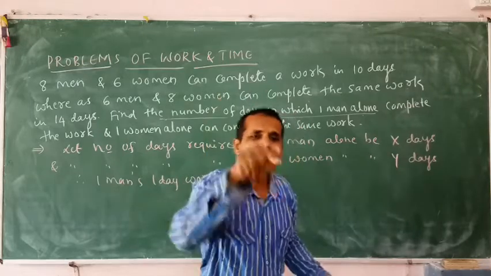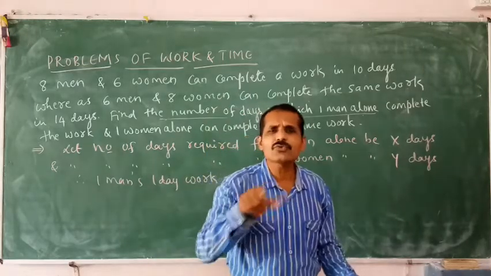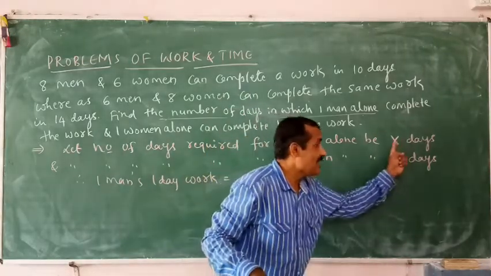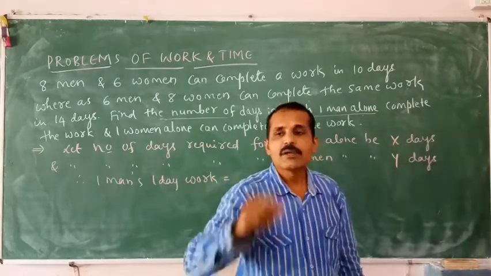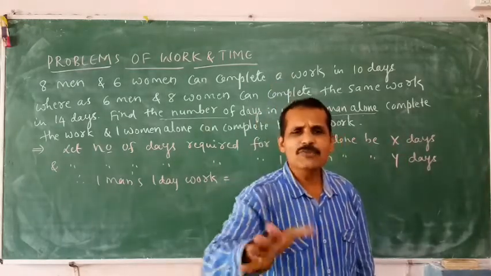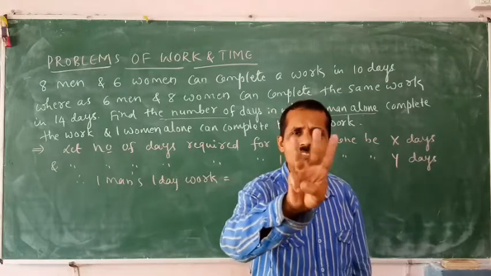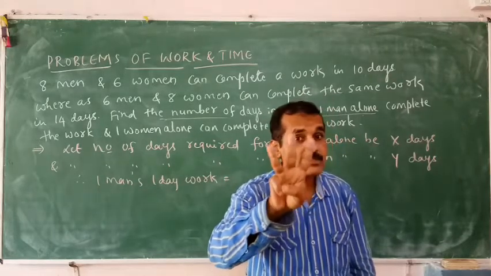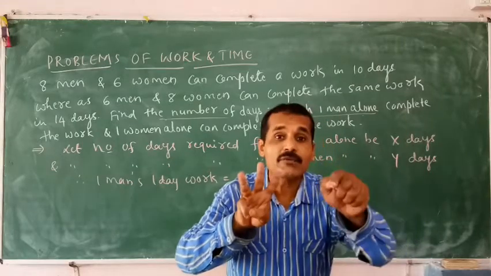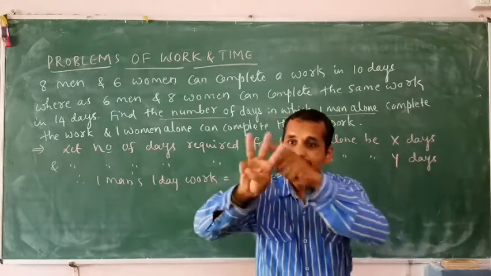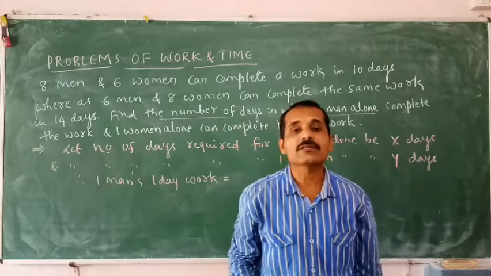Then what is his 1 day work? Half, 1 by 2. That means how many days, that will come in the denominator. Say one more example. One man engaged for the work, he will complete in 3 days. When the total work is completed in 3 days, what about the 1 day work? 1 by 3, this 3 will go to the denominator.